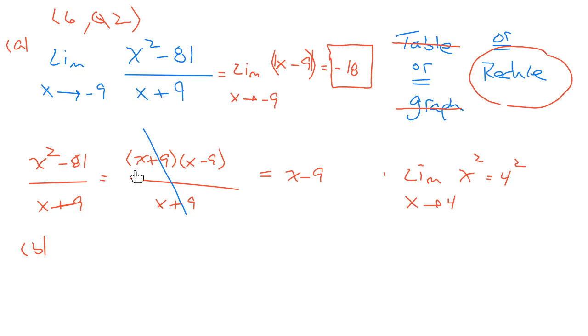So let me pose this to the class. Is x squared minus 81 over x plus 9 really just equal to x minus 9? So think about that. And whoever thinks they know the answer to that, tell me. Is x squared minus 81 over x plus 9 equal? It should be. Kind of like 7 plus 3 equals 10?